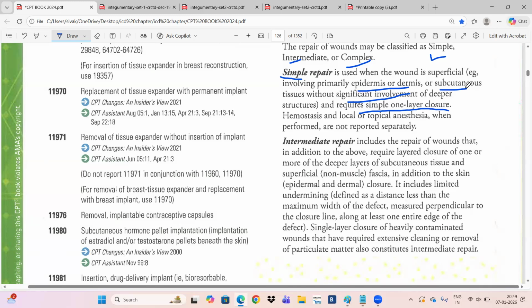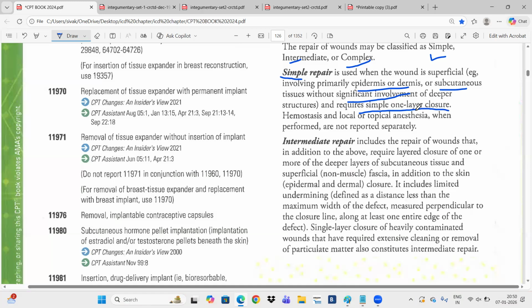Deeper layers are not involved. Actually, single layer closures, okay? One layer only they will use. Simple one layer closure or single layer closure they will use to do the suture. It should be simple repair. Here they will give local anesthesia and suture that wound.